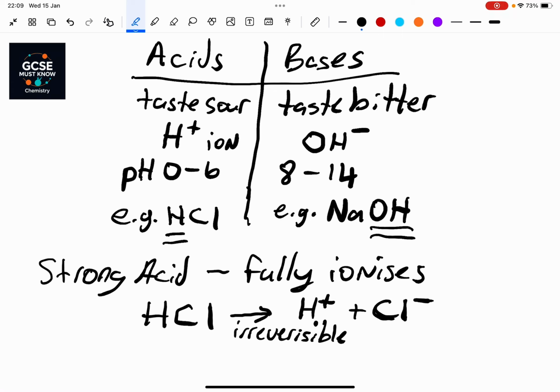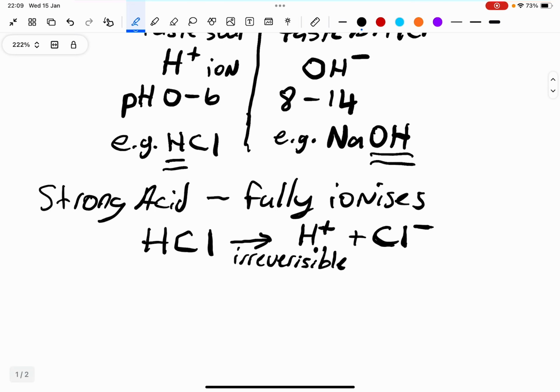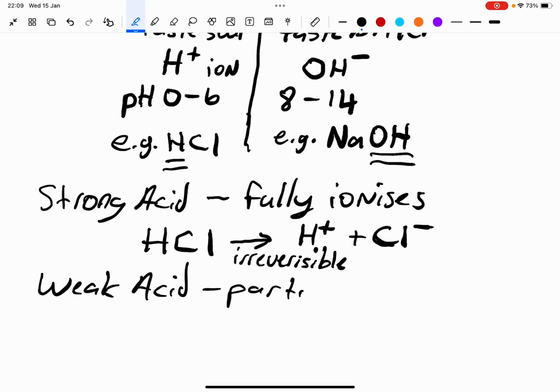Weak acids, they partially ionize. So for example, water is a weak acid. Water can act as both an acid or base.